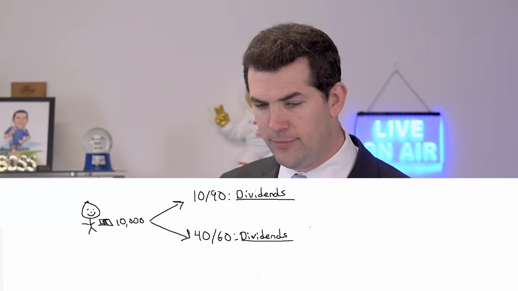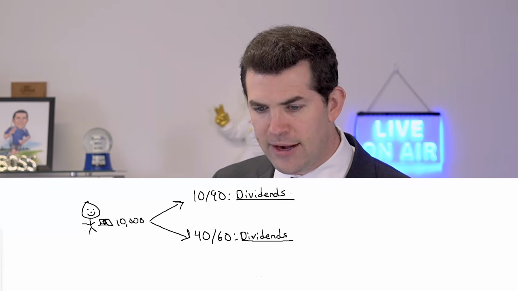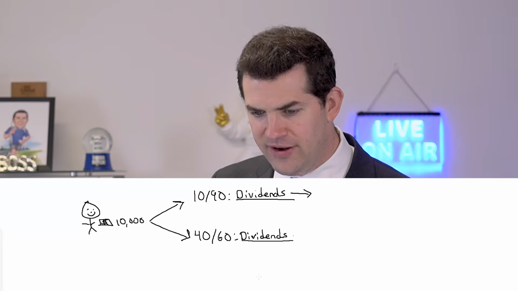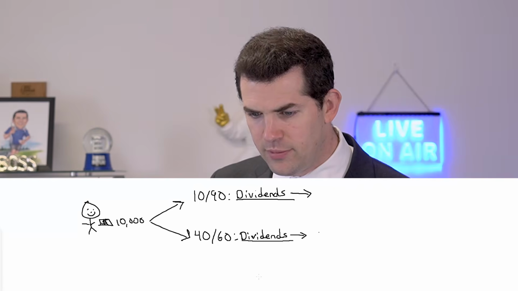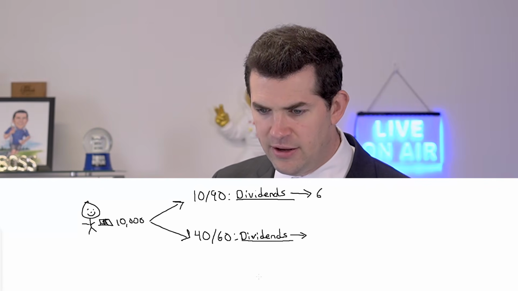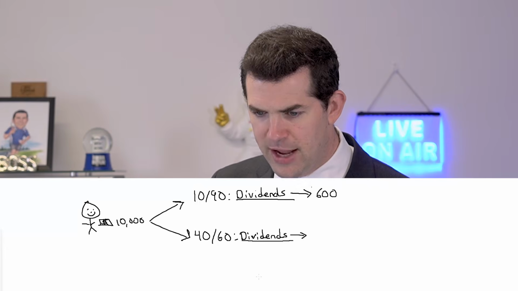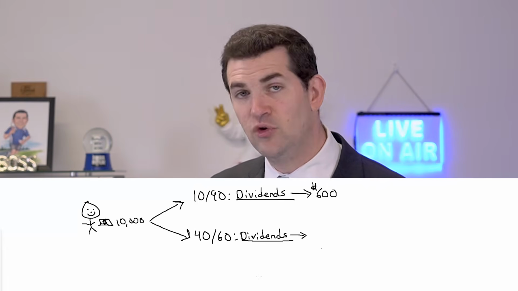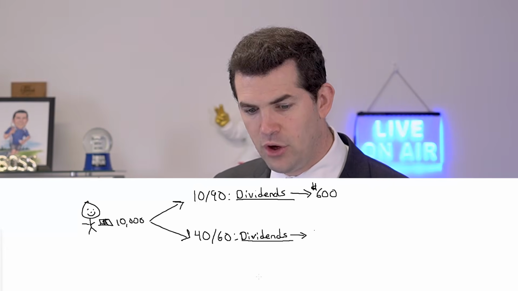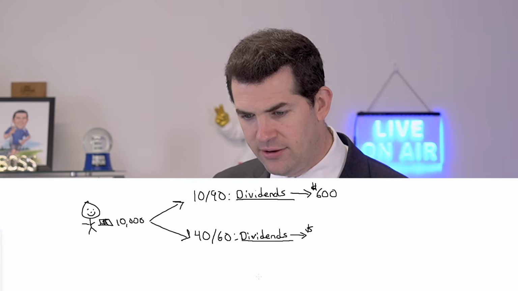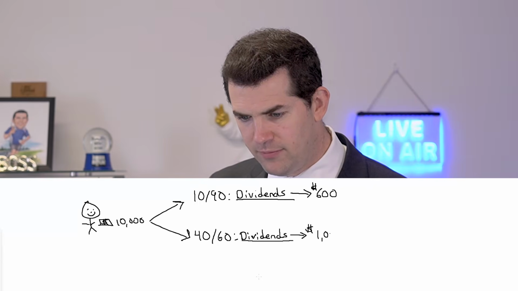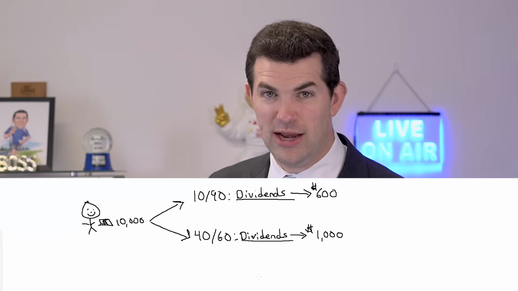I'm going to show you that in a moment. So what that might look like, and I'm just going to oversimplify here, is the 1090, you might see a dividend payment of $600 that you receive. Whereas with the 4060 design, it might be $1,000.